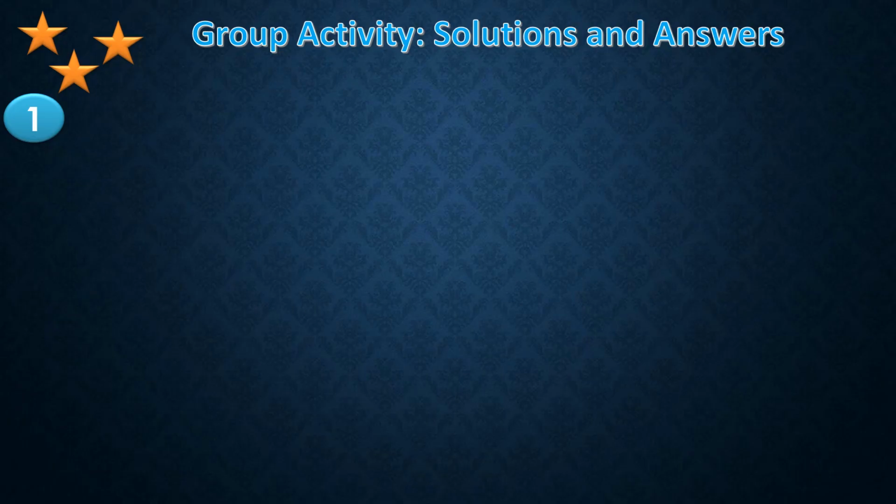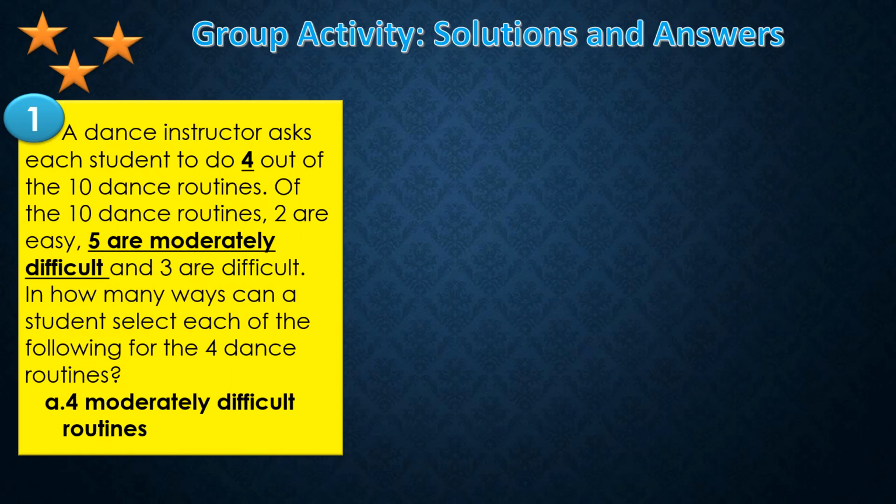Question number 1. A dance instructor asks each student to do 4 out of the 10 dance routines. So take note, class, of the given: 4 is what we need, then the choices of dance routines are 10. Of the 10 dance routines, you categorized the dance routines into easy, moderately difficult, and difficult: 2 easy, 5 moderately difficult, and 3 difficult.